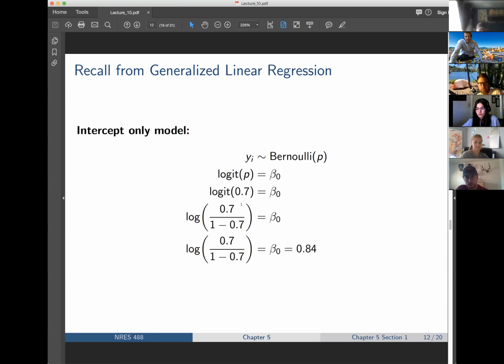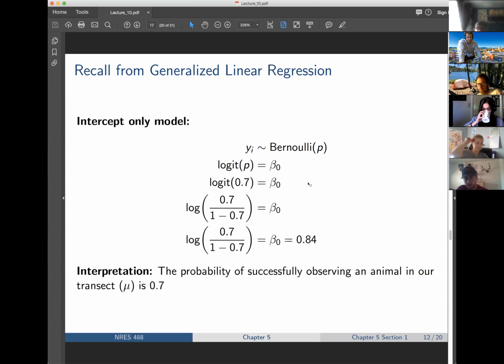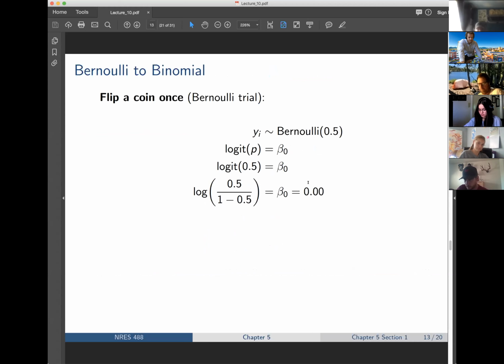And using the inverse logit function, we can calculate that as 0.84 using all of the equations that we've already talked about. In terms of interpretation, the probability of successfully observing an animal in our transect is 0.7. Now in practice, we're not going to know what this probability of success is. We're going to have to estimate it using our data.